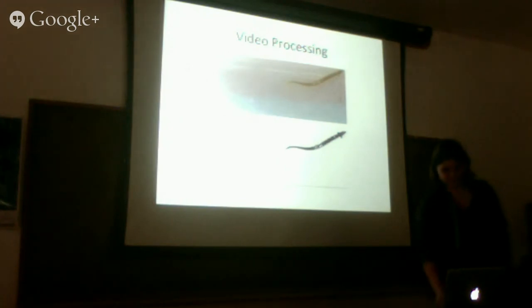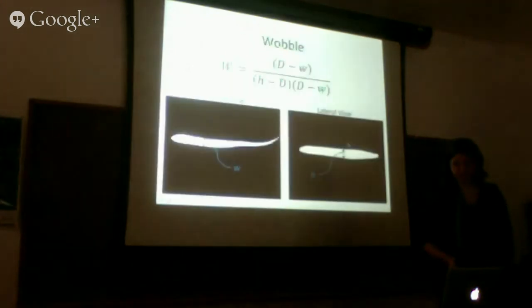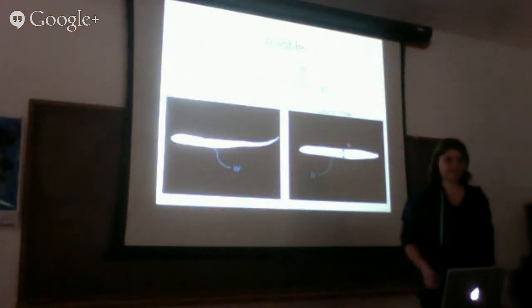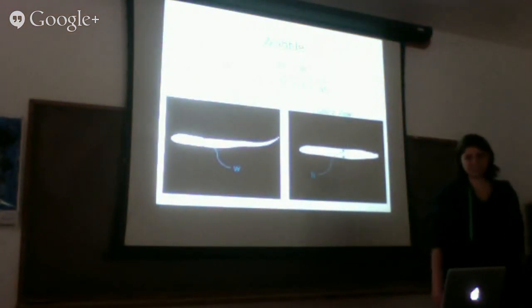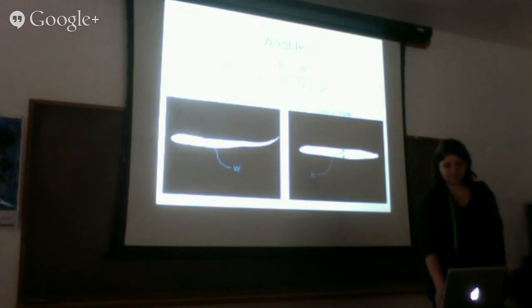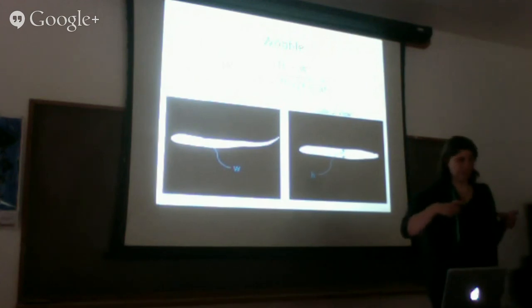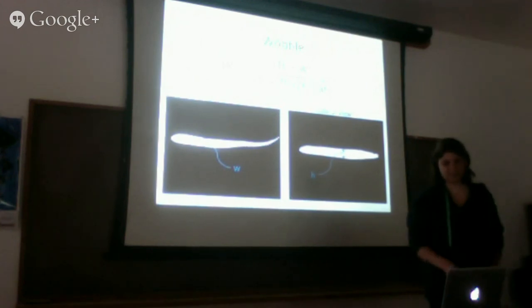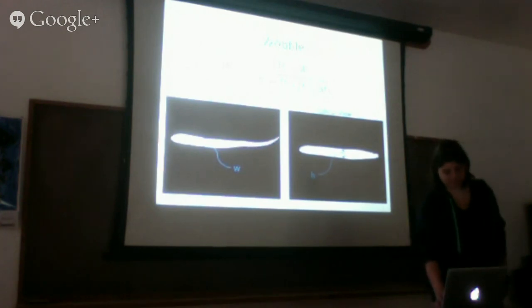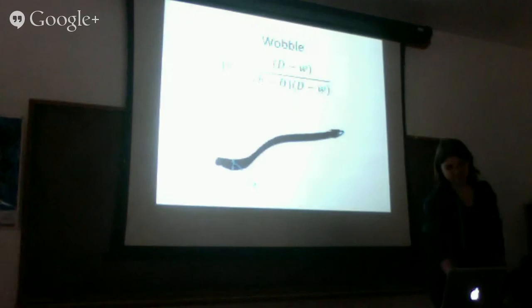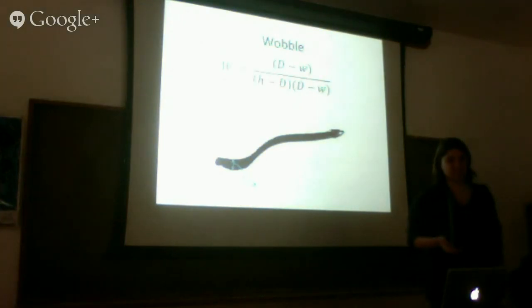To quantify wobble, we have this equation here, where W is the width of the fish if you're looking at a dorsal view, and H is the height of the fish if you're looking at the lateral view. And then T is the measurement of the fish as it's swimming, so it's a combination of the dorsal and the lateral.